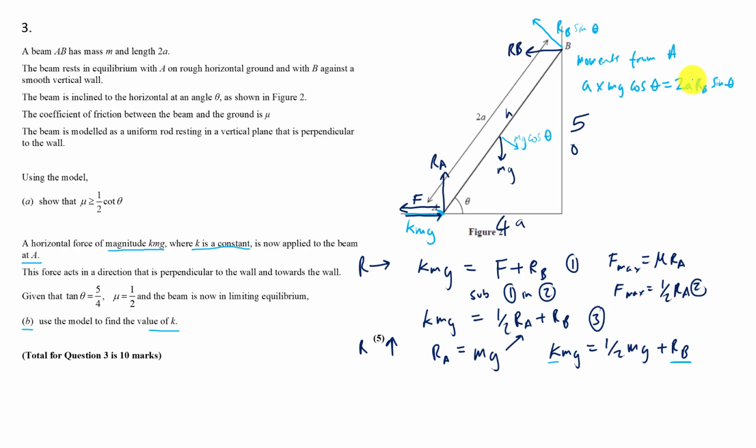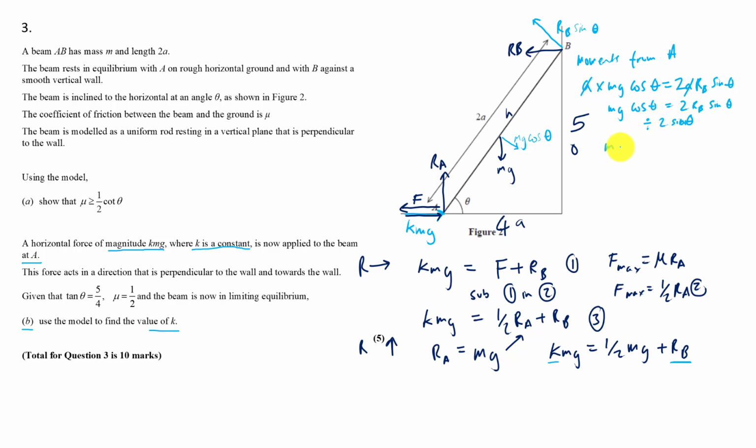Now we can cancel out the A's here, so we get left with mg cos theta equals 2RB sine theta, reaction at B. Now we're going to get our terms in terms of RB, so we're going to divide by 2 sine theta on both sides.